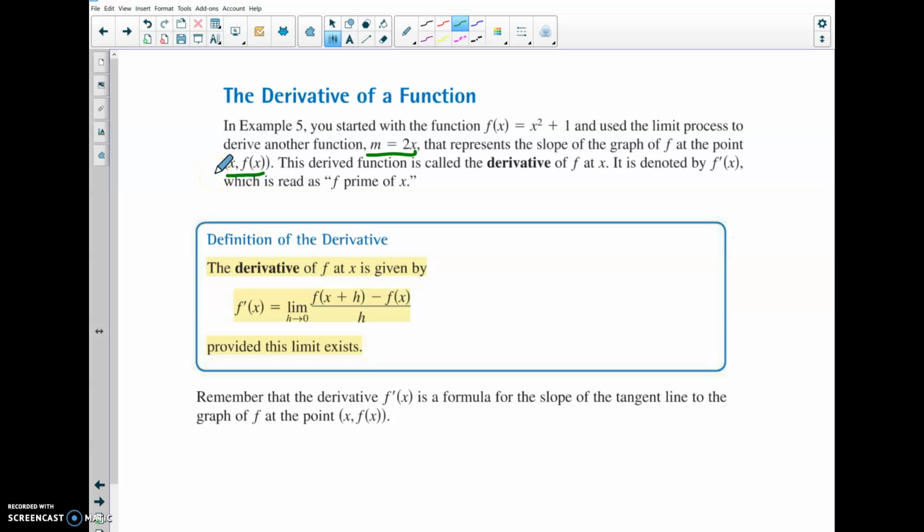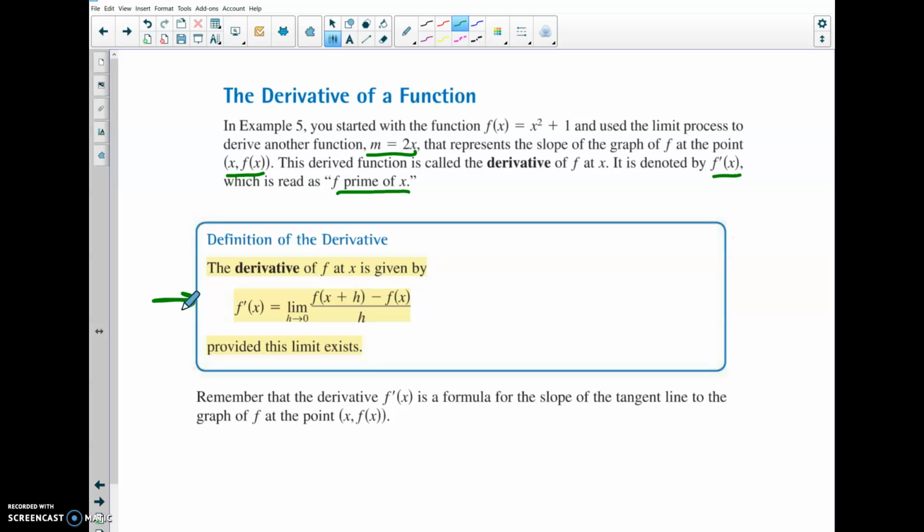This function, 2x, is called the derivative of our function. And we use this notation here, and we say that out loud as f prime. So it's a little tick mark. So the official definition of a derivative of your function at x is given by this equation right here. Please write this definition down.